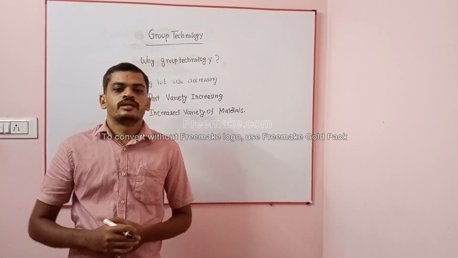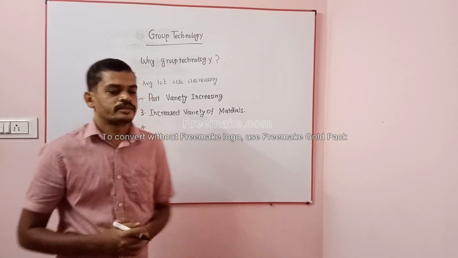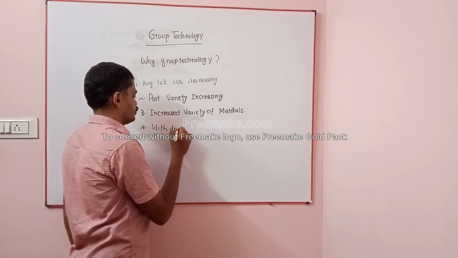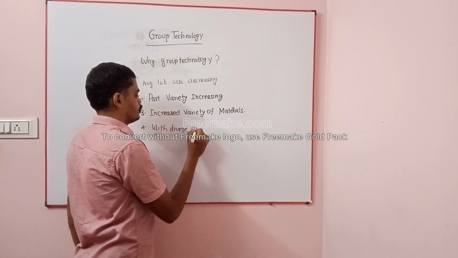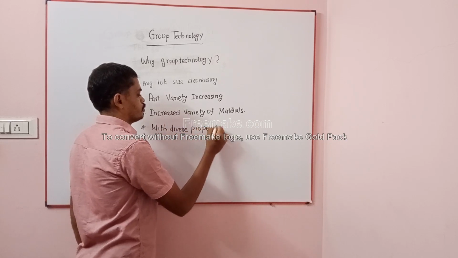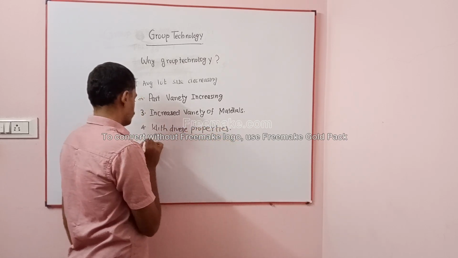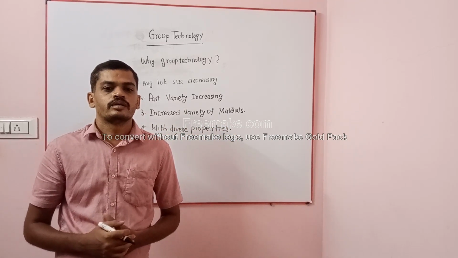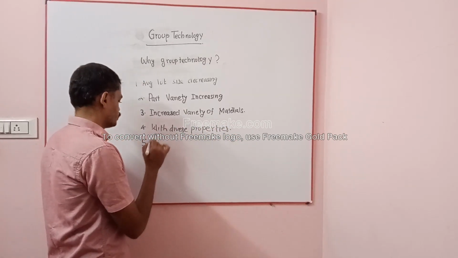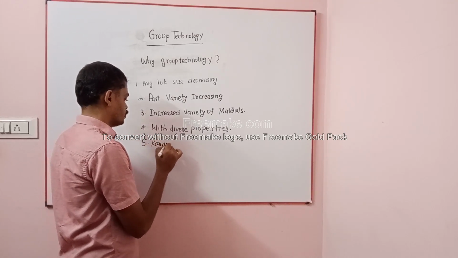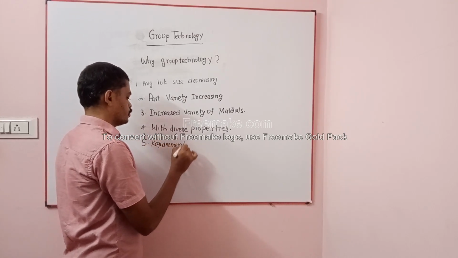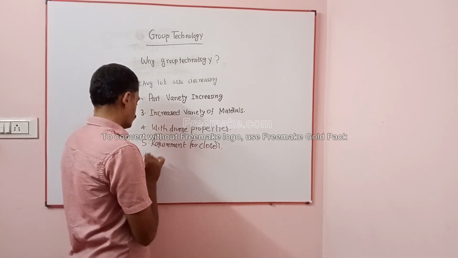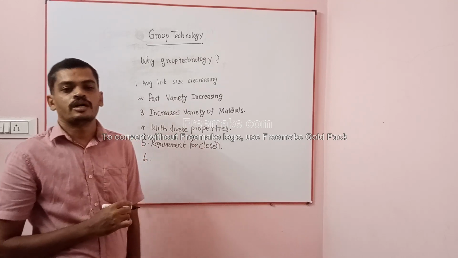The fourth one, with diverse properties. The fifth one, requirement for closure. Sixth one, tolerance.